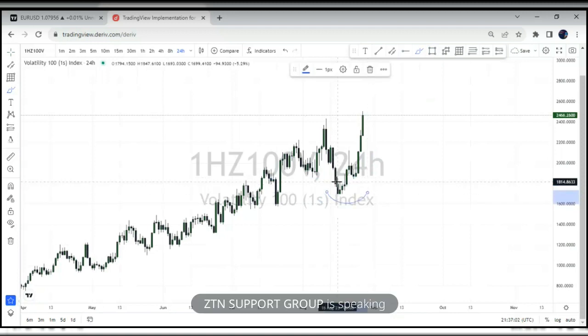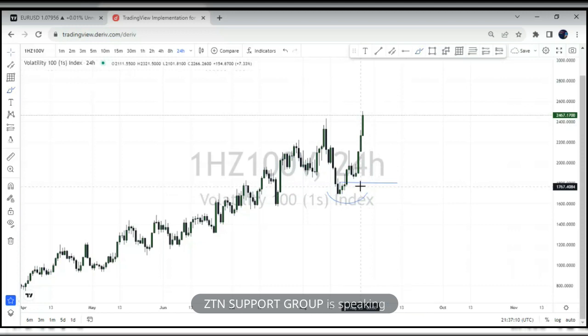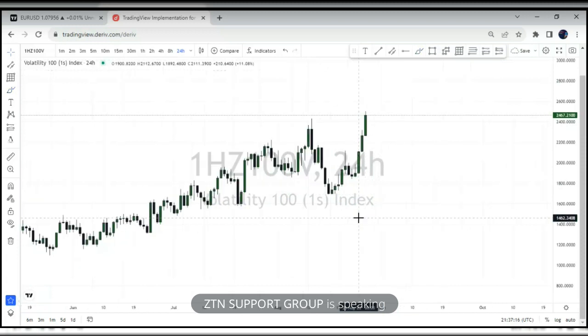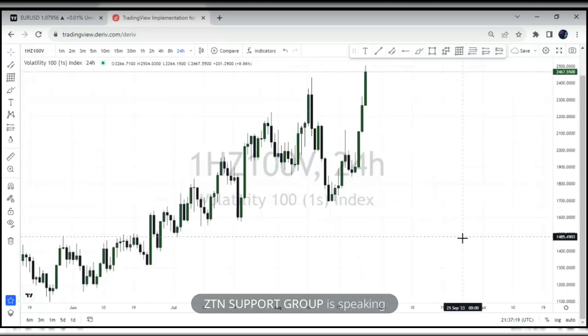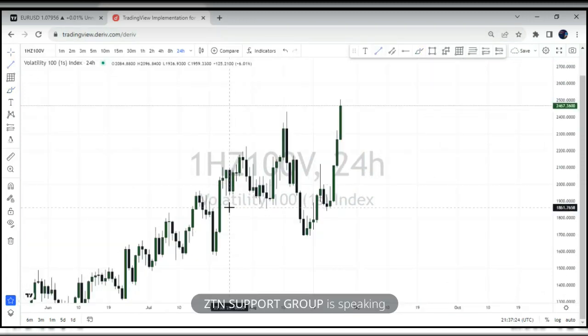So we want to see price come here in the coming days, and then push up. We can't determine whether price comes back immediately or not yet, but we just know that this short-term low was swept.